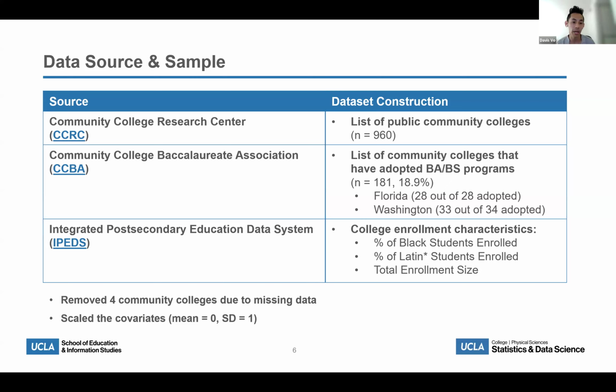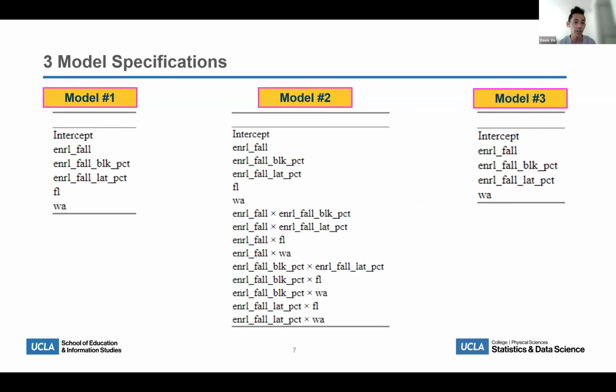And then IPEDS, which is a national data set that has various enrollment characteristics data that we'll be using for my model. And so I ended up having to remove 4 community colleges just because there was missing data for the predictor variables. And then just to improve predictive power, I ended up scaling the predictor variables at mean 0 and standard deviation 1.